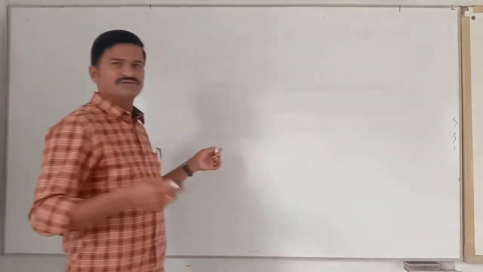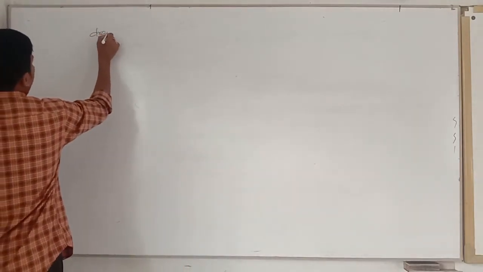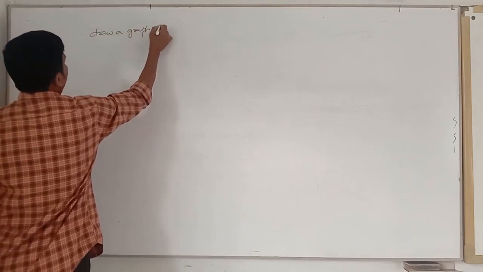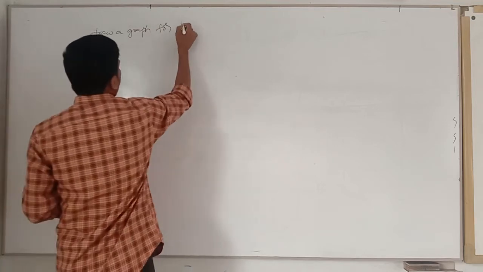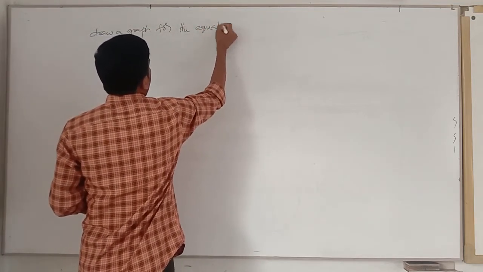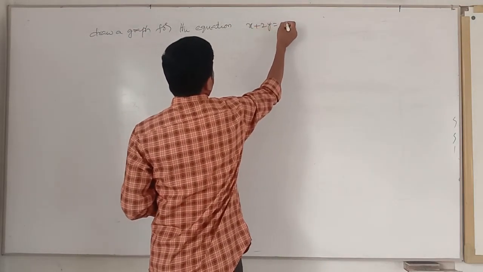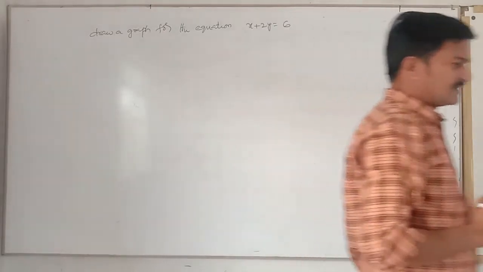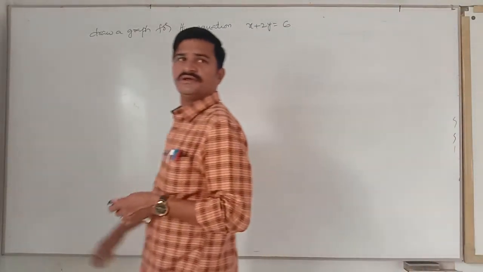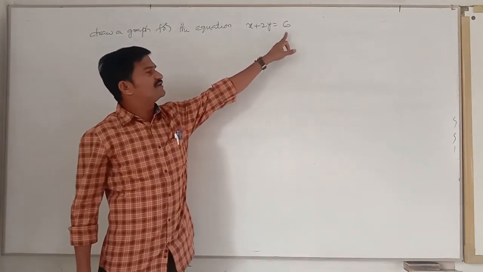So, suppose we have to draw a graph for the equation x plus 2y equals 6.